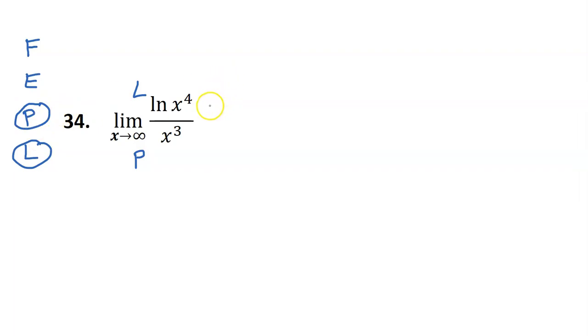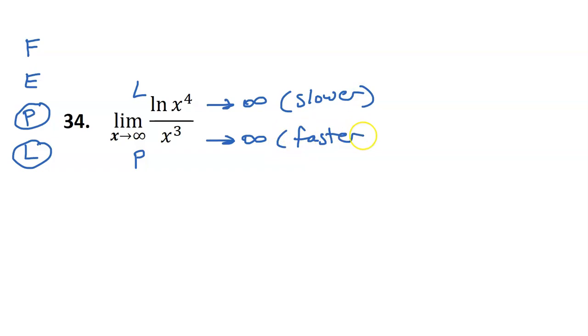So while the numerator is approaching infinity, as well as the denominator, we can see that according to FEPL, the numerator is a slower infinity, while the denominator is a faster growing infinity.